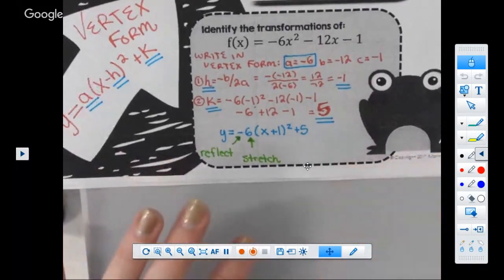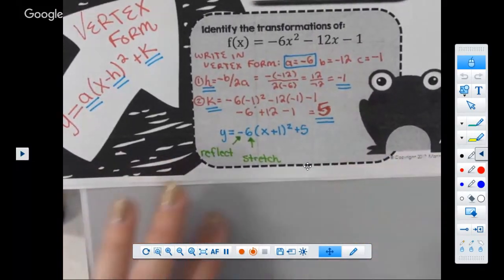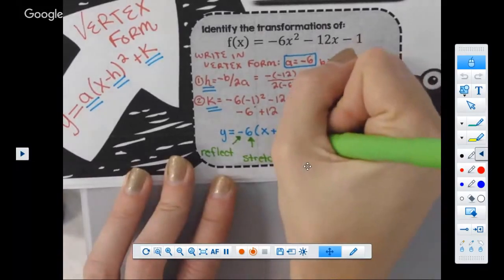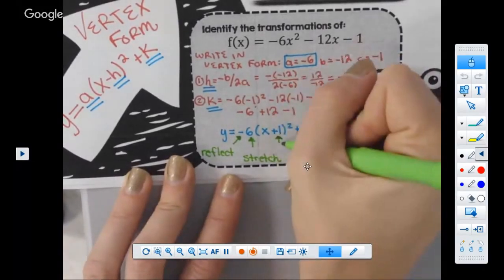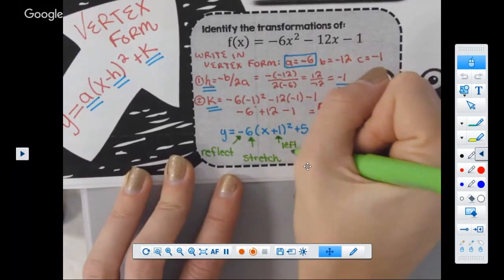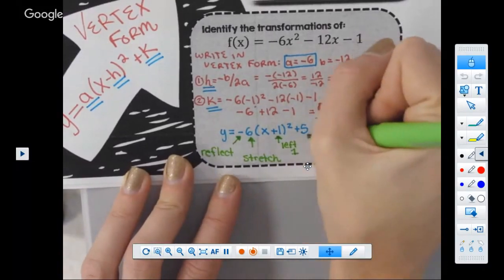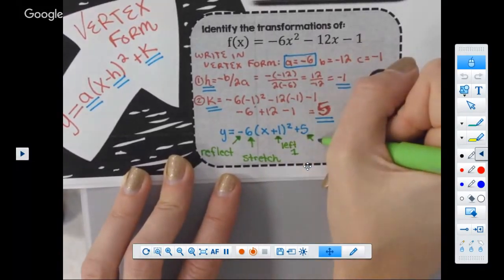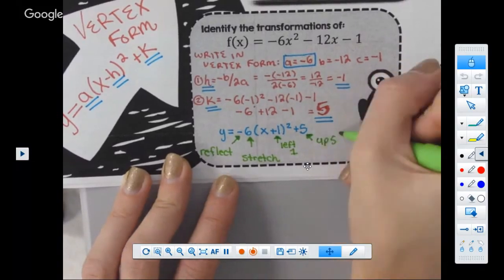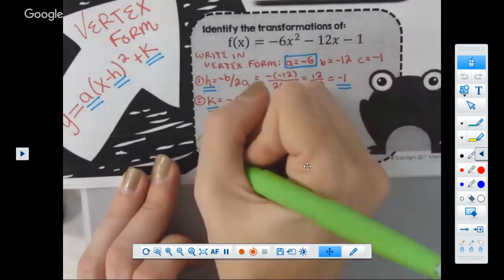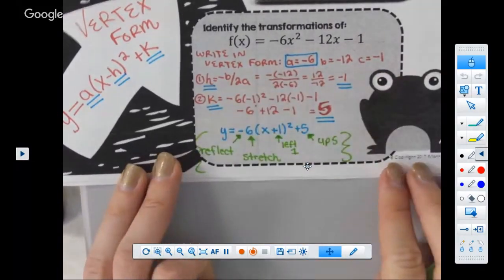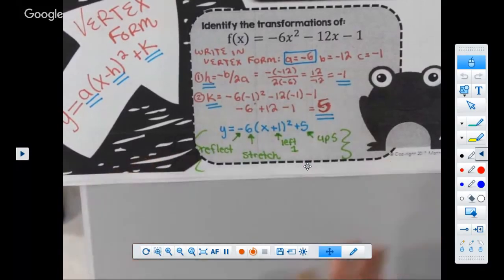Stretch or compress, and since it's bigger than 1, it's going to be a stretch. We have the plus 1 on the inside, which is going to make it go left. We have a plus 5 on the outside, which is going to make it go up 5. Right, but we had to take standard form and put it in vertex form so we could then talk about the negative, the A, the H, and the K. It's transforming.